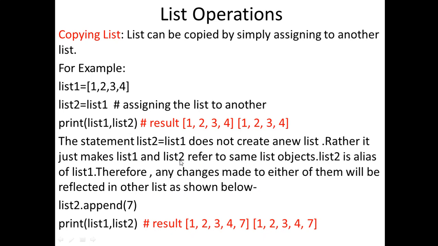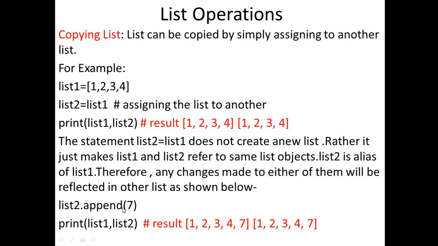Whatever changes you apply to either list will be reflected in the other list. As in the given example, we have created list 1 as 1, 2, 3, 4. Then we have written list 2 equal to list 1. And afterwards I have specified list 2 dot append 7.